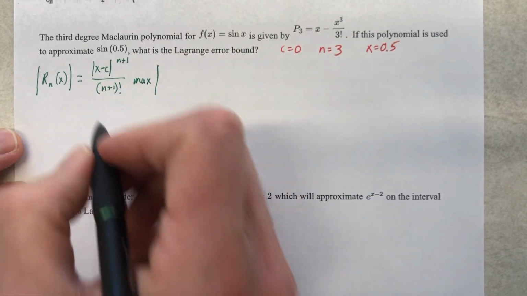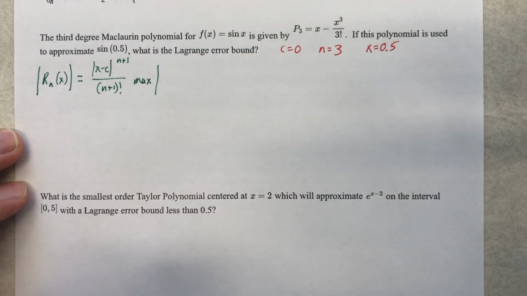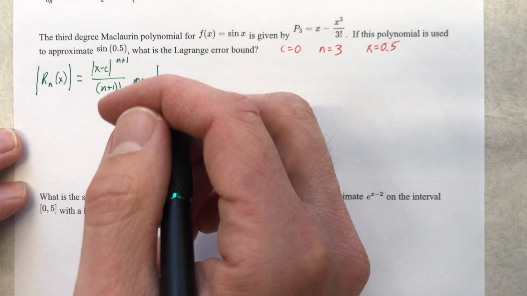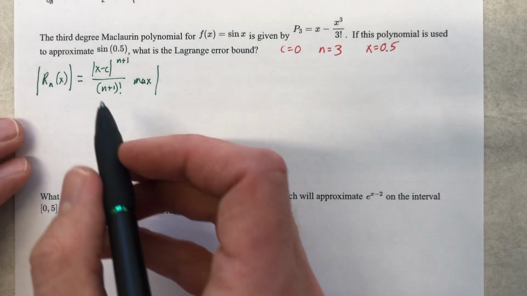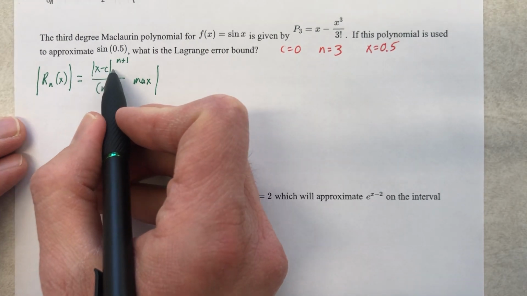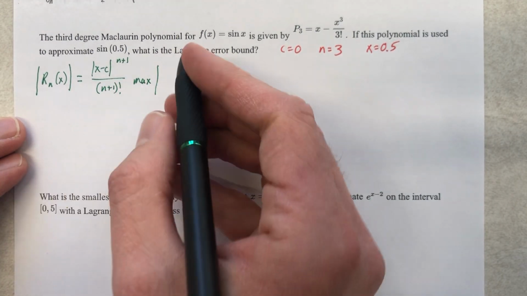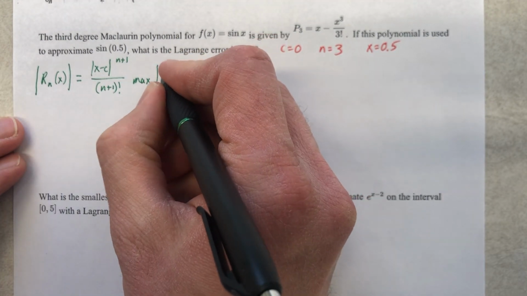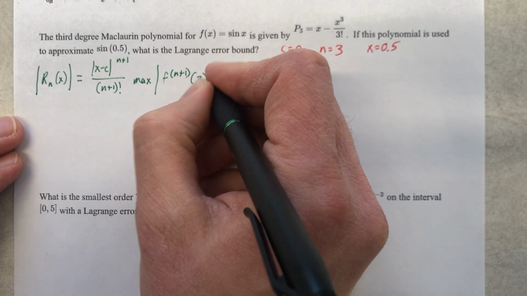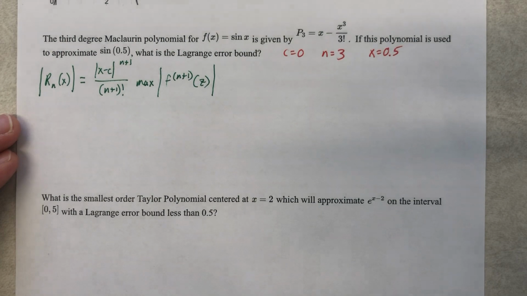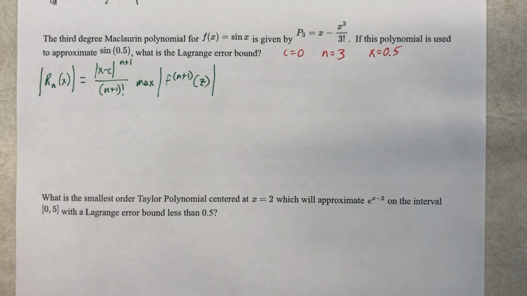And if you ever forget this, well, don't forget this. But really, it looks so much like the next term of a Taylor polynomial. That's your denominator, x minus c to the n plus 1, just make it positive. And then the n plus 1th derivative evaluated at some x value z, but we need the maximum of that.